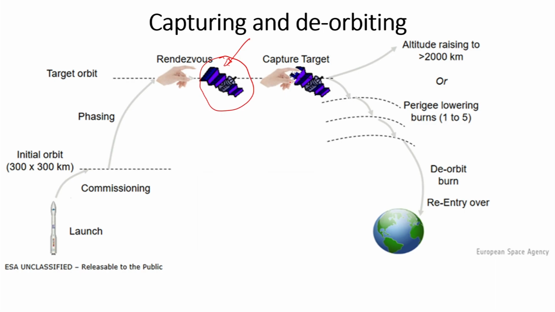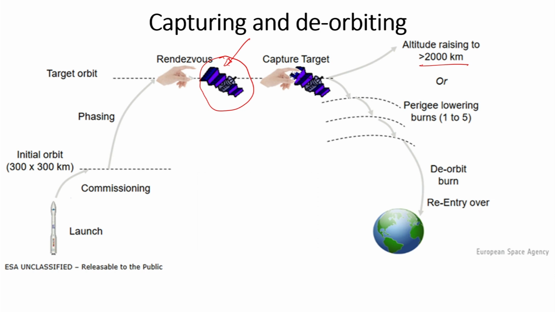After that there can be two activities. If it is in low earth orbit, say at something like 800 kilometers, it can be put in a higher orbit, greater than 2000 kilometers, where pollution is less and there are no operational satellites. The other way is to deorbit it and take it to the atmosphere.